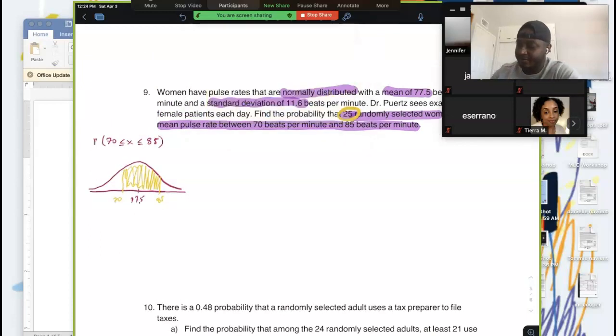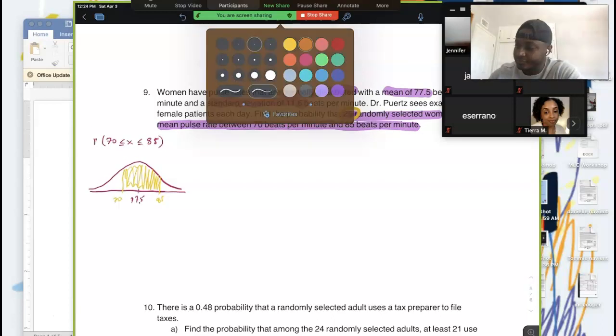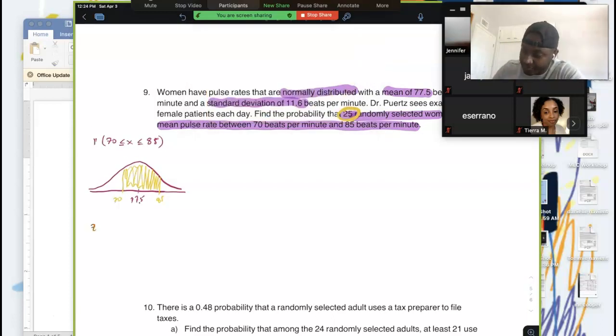So I'll put both down here. Normally we would go z equals x minus the mean divided by the standard deviation, right? When we have a group, what we use is called the central limit theorem. So now z is equal to x minus the mean over the standard deviation divided by the square root of n.